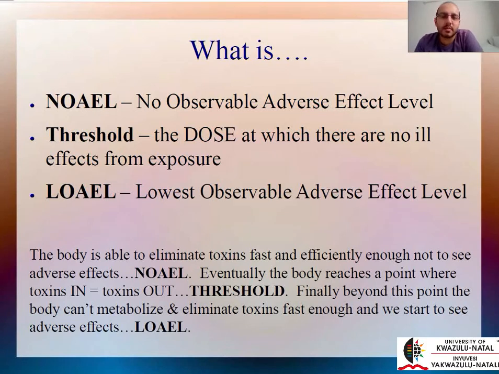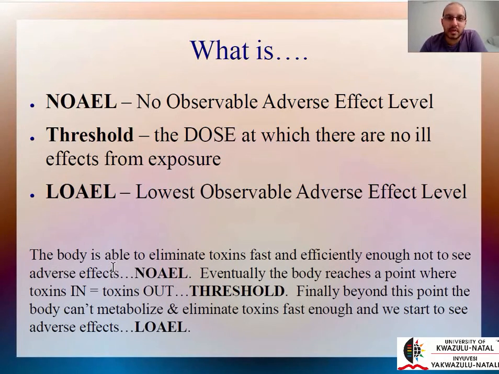Okay, some definitions. Okay, so NOAEL, that refers to no observable adverse effect. Okay, so at very low dosages, the body is able to eliminate toxins fast and efficiently enough not to see any adverse effects.